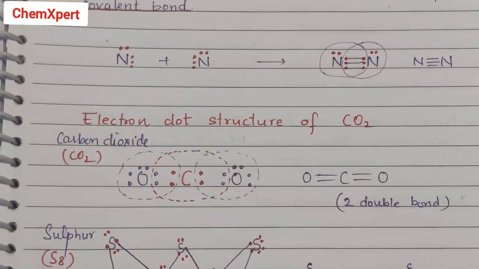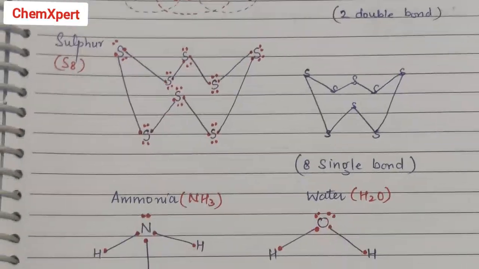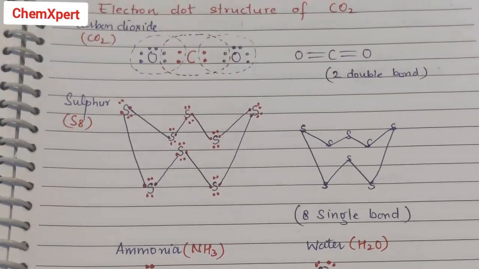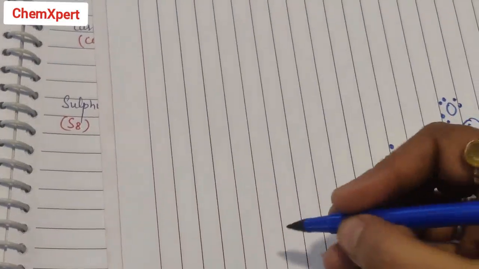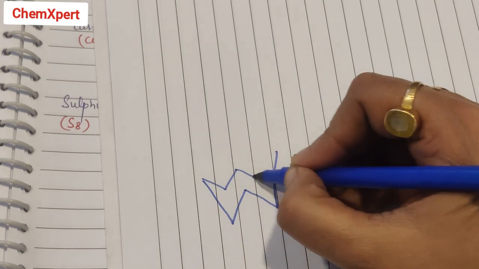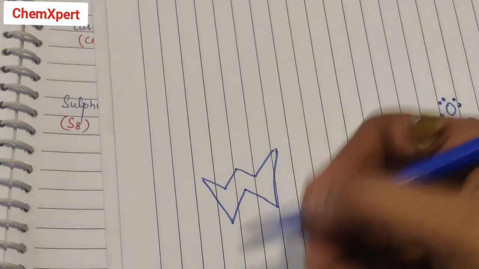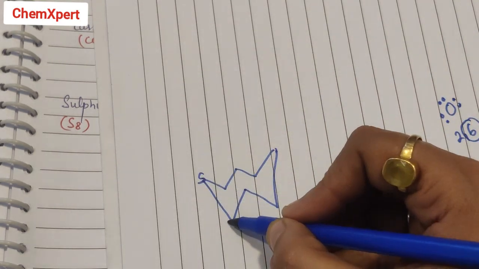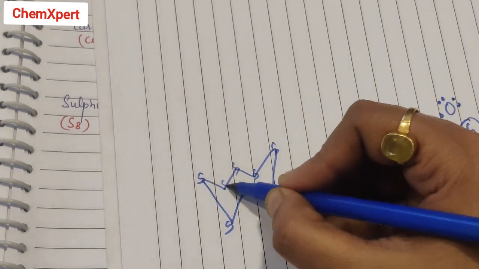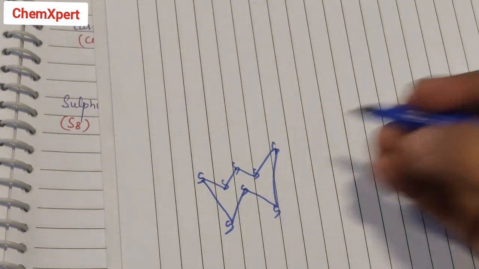Now one of the interesting structures is sulfur, that is the S8 structure. How is it formed? A simple trick to remember: just write a W and then double it like this. At each point you have to draw one sulfur. This is a single bond, formed by sharing a pair of electrons.